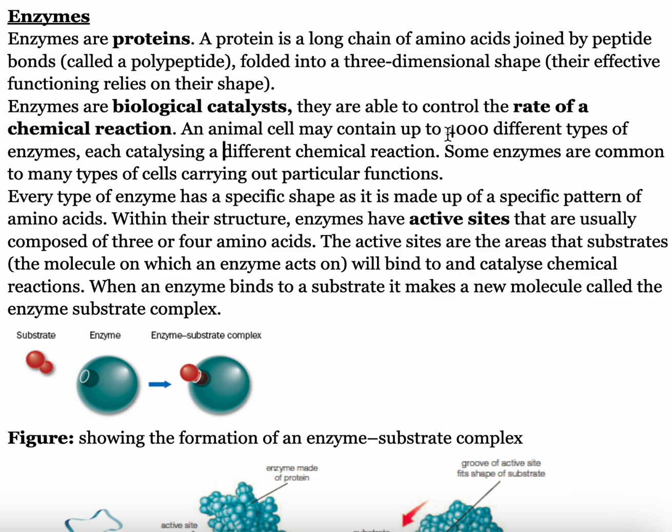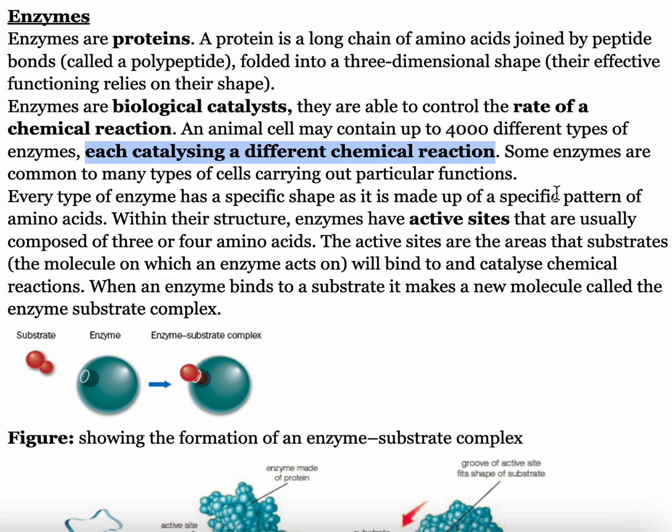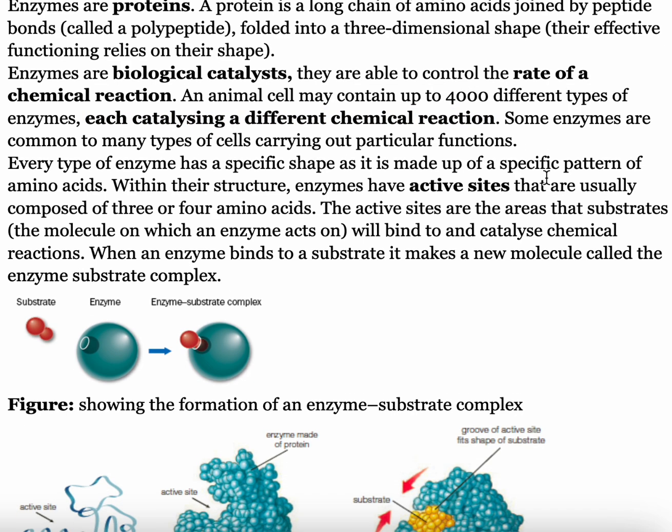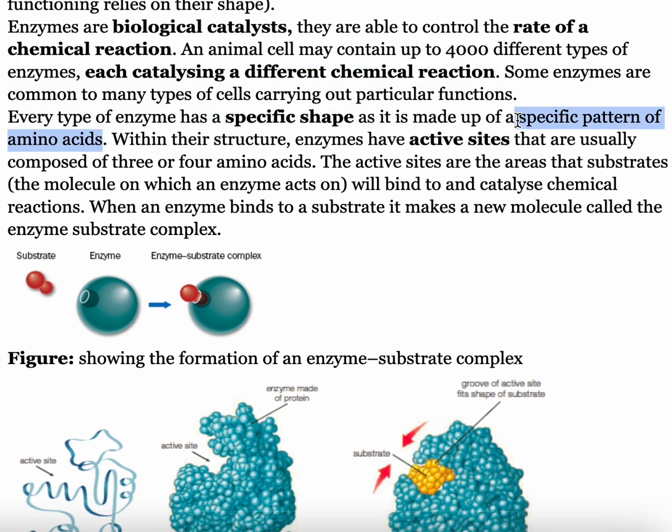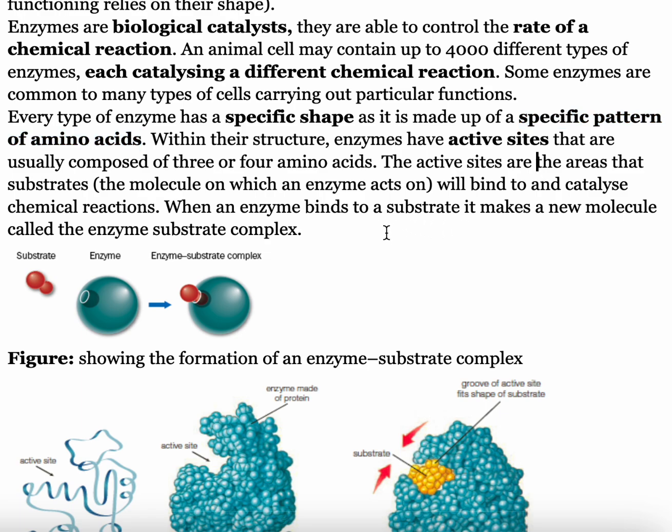An animal cell has 4,000 different types of enzymes, each catalyzing a different chemical reaction. Every type of enzyme has a specific shape, as it is made up of a specific pattern of amino acids, which is basically proteins.